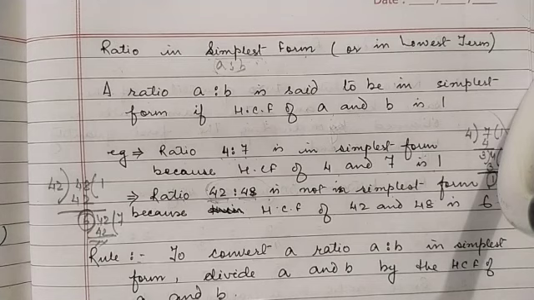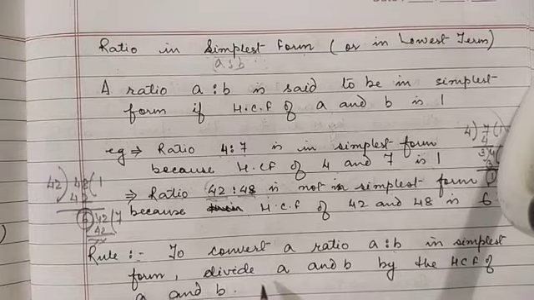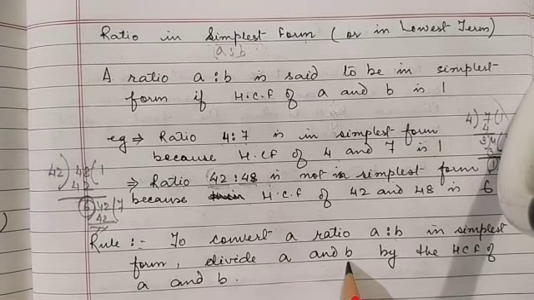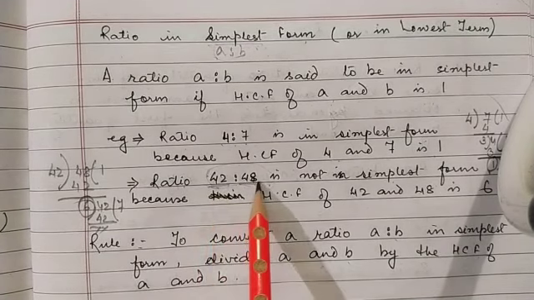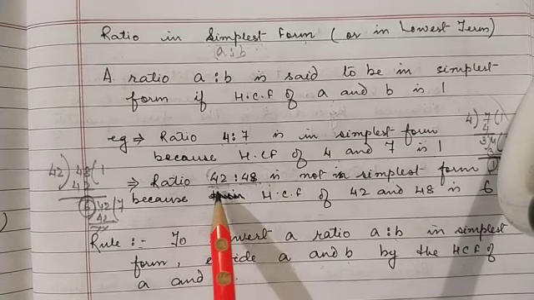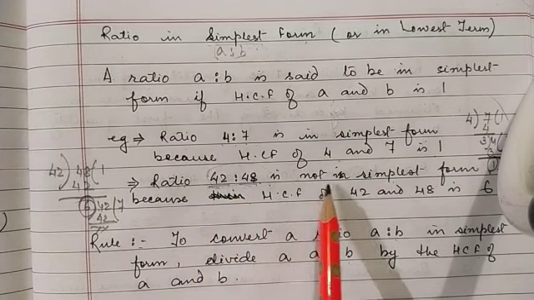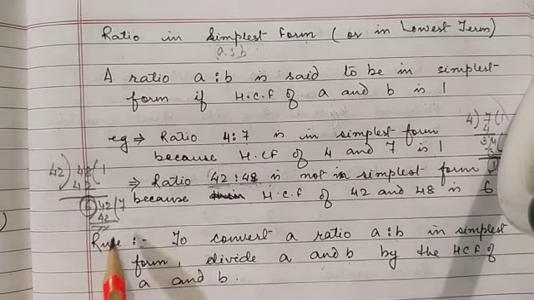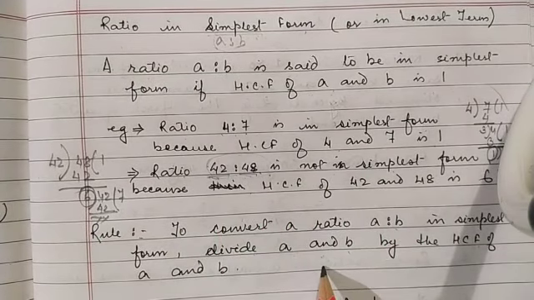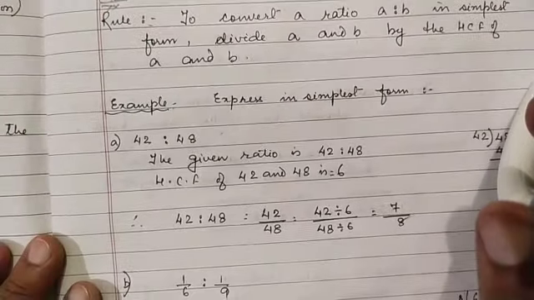To convert a ratio A is to B into simplest form, we divide A and B by the HCF of A and B. Here we took the example of 42 is to 48 and I said that 42 is to 48 is not in the simplest form, because the HCF is 6. Now how do I convert this 42 is to 48 to the simplest form? Let us learn that.